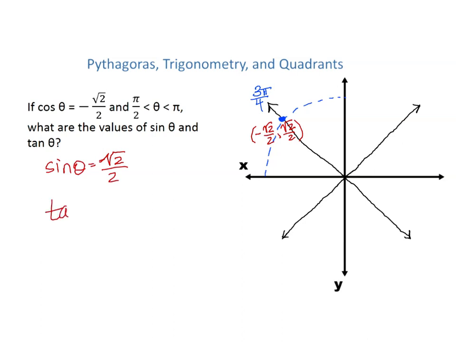Because my sine is positive in quadrant 2. And then my tangent is just going to be sine over cosine, so y over x, which is just this over this. Anytime I'm putting the same number over itself, it's just 1, but then my bottom is negative, so that's going to give me -1 for my tangent.